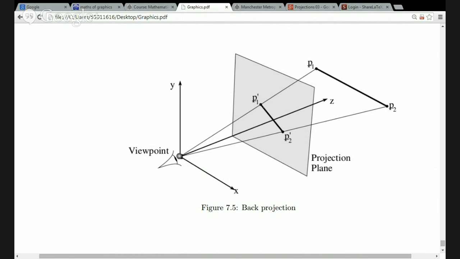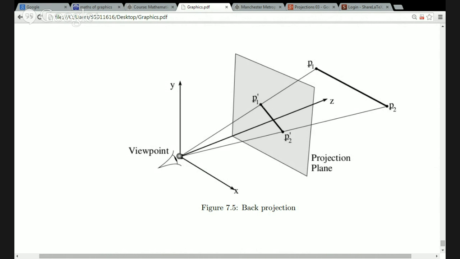Now the line in the world space is given by the usual vector equation of a line. The usual vector equation of a line between two points is r = P1 + mu (P2 - P1). Everybody remember the idea behind this.